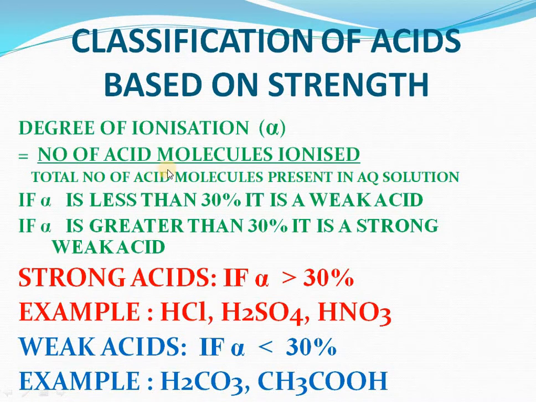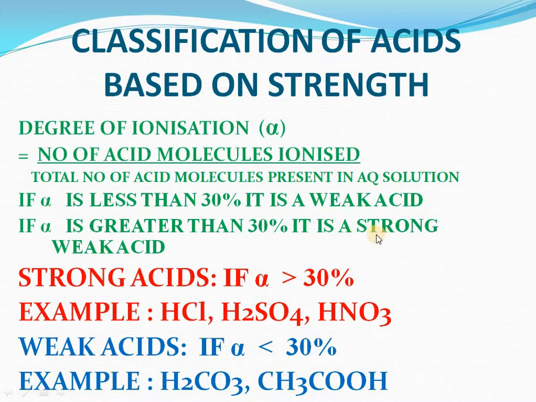So what does this alpha mean? Alpha, the degree of ionization, is equal to the number of acid molecules ionized divided by the total number of acid molecules present in aqueous solution. If I have HCl dissolved in water, it gives rise to hydronium and chloride ions.